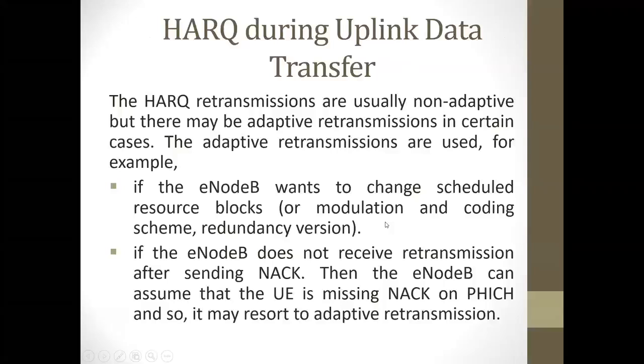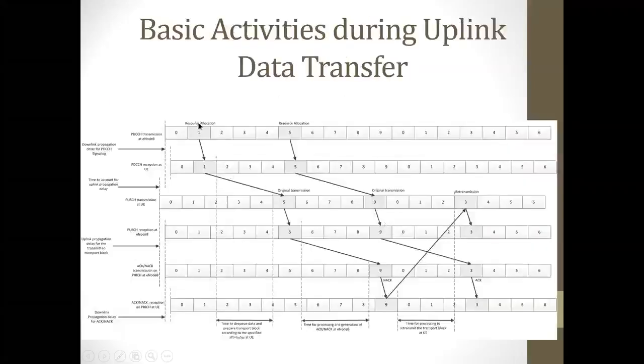If you have PDCCH on subframe n, the original transmission will occur on n plus 4, the NAC will occur on n plus 8, and the retransmission will occur on n plus 12. It's fixed.